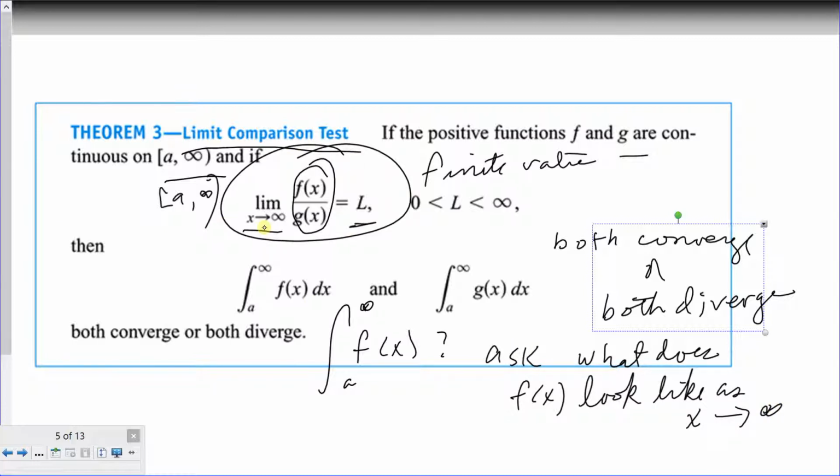And if you can show that it approaches a constant value less than infinity and more than 0, then it will converge if the testing function converges, or it will diverge if the one you're comparing it to diverges.